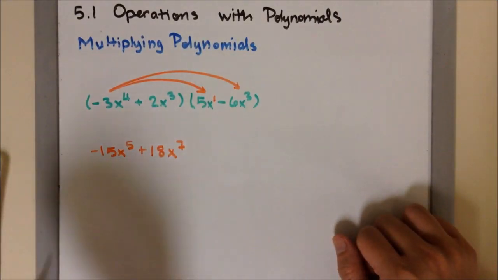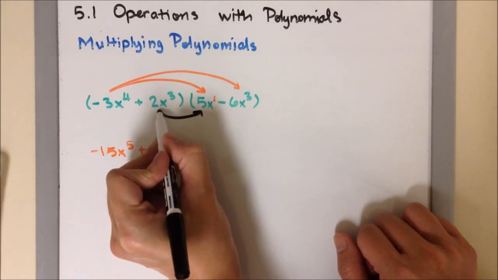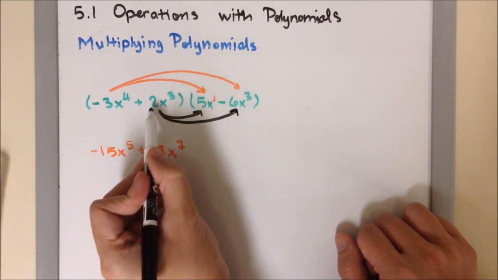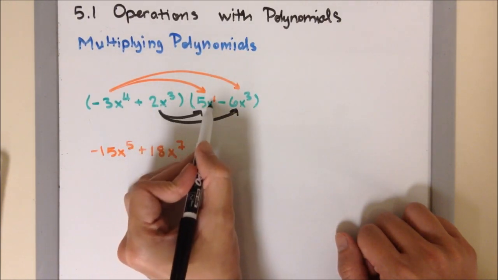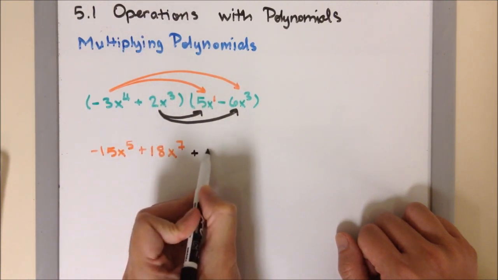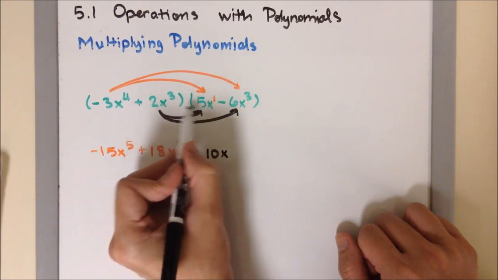Now for the second half of FOIL, I'm going to multiply the 2x to the third by the 5x to the 1 power, and then 2x to the third by the negative 6x to the third. 2x to the third times 5x to the 1 power. So the coefficient when they multiply, it will be a positive 10. X to the third times x to the 1 power, same base multiplying.